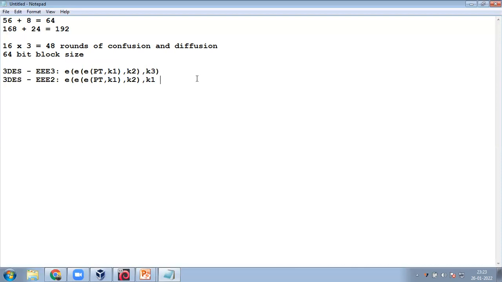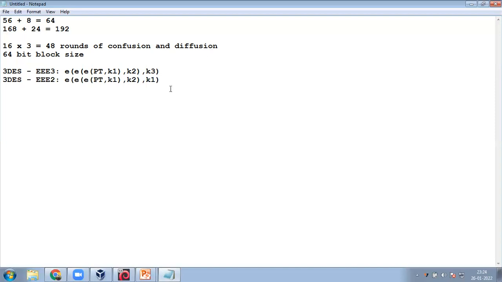So the first and second computations always use different keys, but the third one will use the same key or a different key depending upon whether you work in triple E3 mode or triple E2 mode.